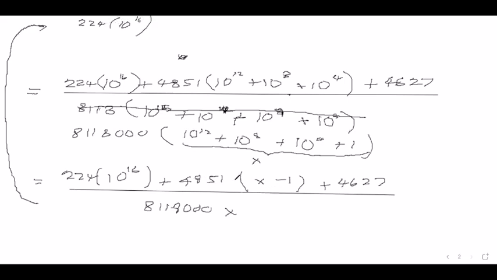Now here I've got 4851 times X. Now this, you got minus 4851 plus 4627. So you have 224. When you simplify that, you get plus 224.